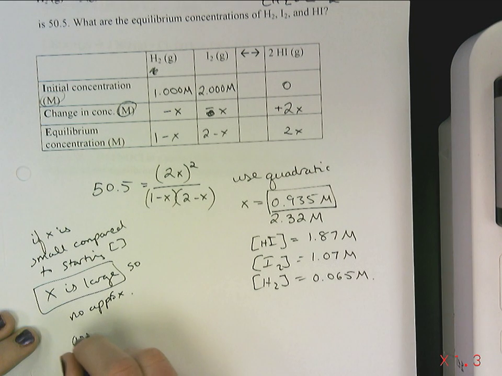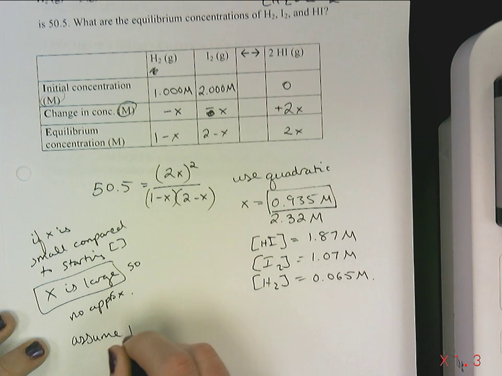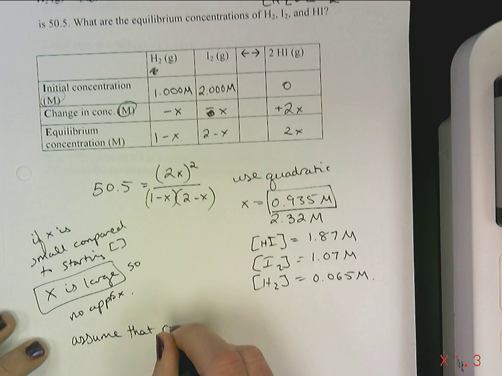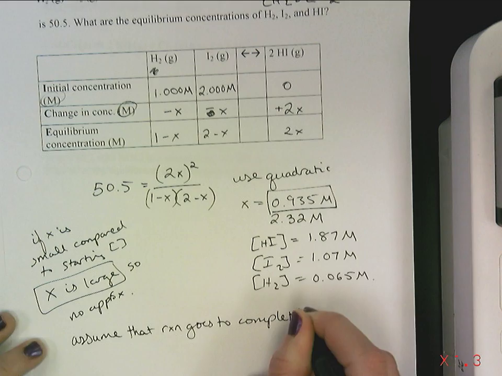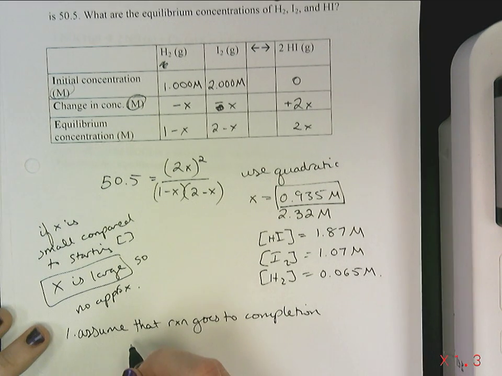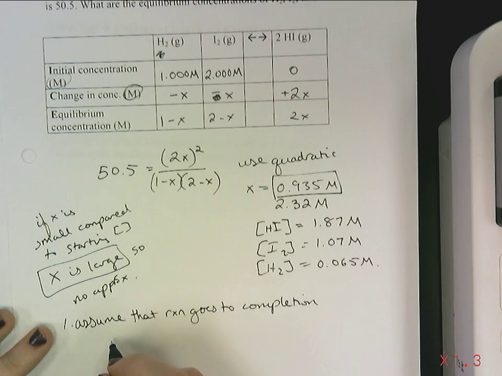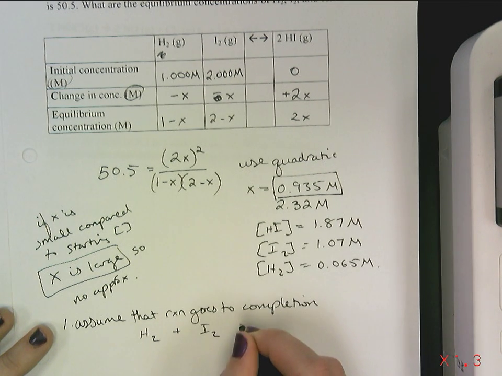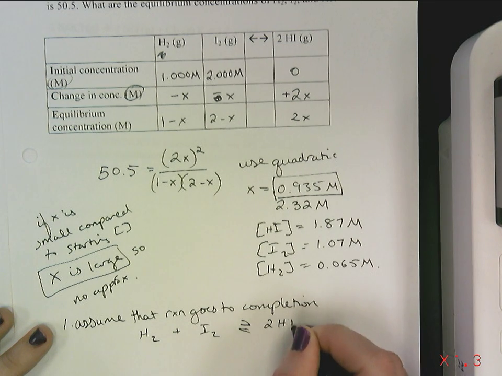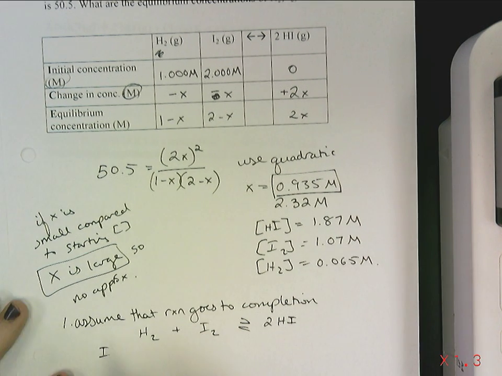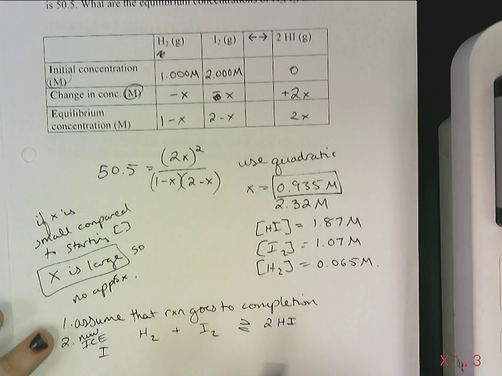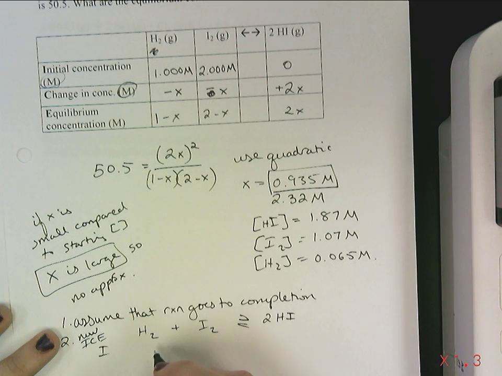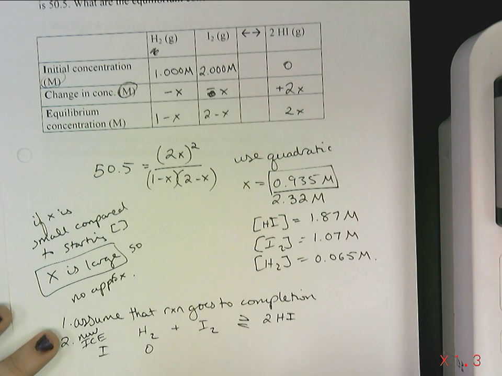In this case, let's assume the reaction goes to completion to start with. This is kind of step one. All right, what does that mean? That means in this case that H2 will be my limiting reactant. So when I set this up again, my new initial after assuming that the reaction goes to completion is 0 H2 because it was limiting.